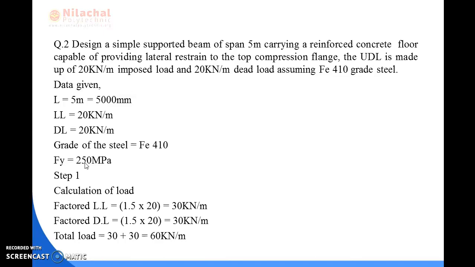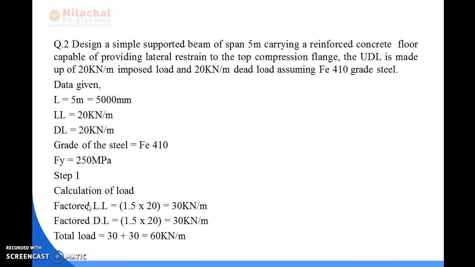In step 1, we have to do the load calculation. First of all, we have to convert all the loads into factored loads. To convert the working load into factored load in case of steel, we multiply by 1.5, which is the partial safety factor for the ductile material.